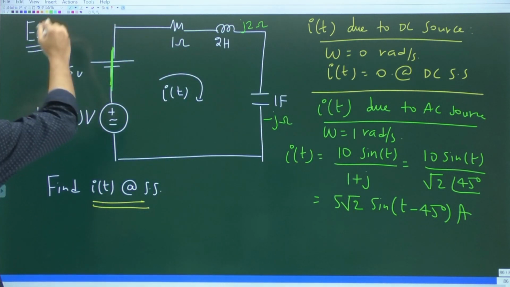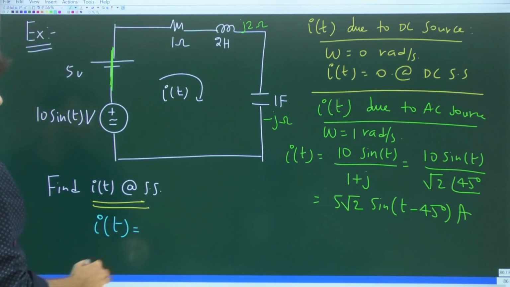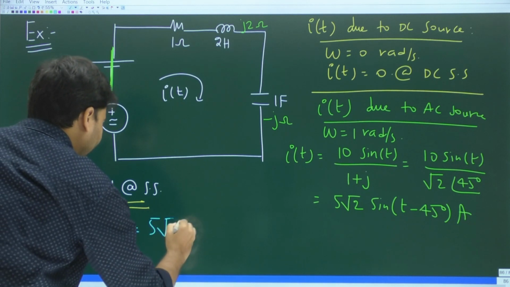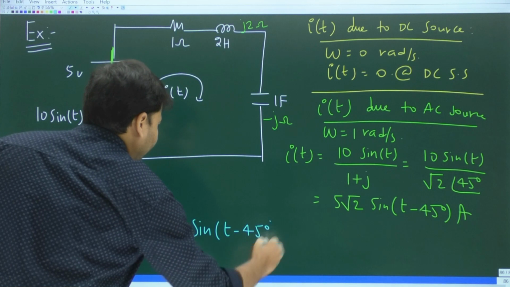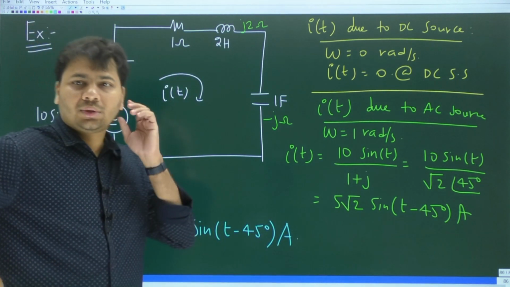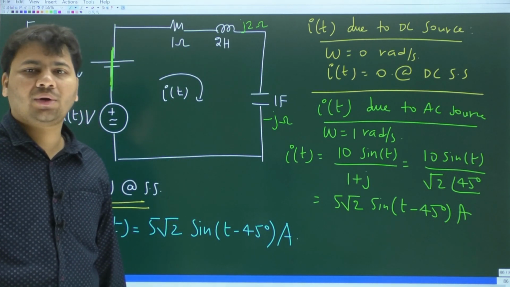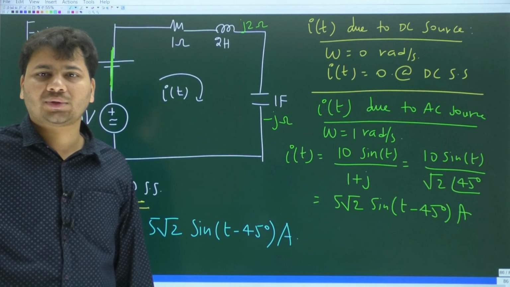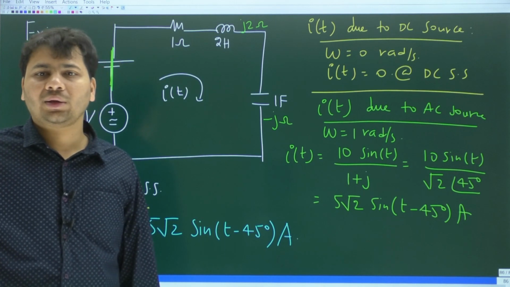So I of t at steady state is 5 root 2 sine of t minus 45 degrees amperes. I hope the method is clear. I found I of t due to each individual source at steady state, and in the end we just added all the I of t's.